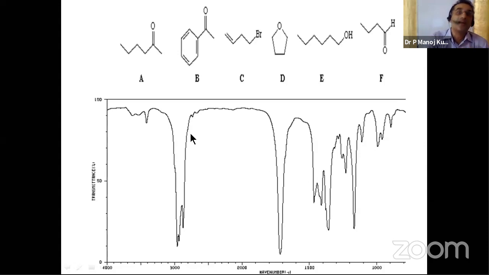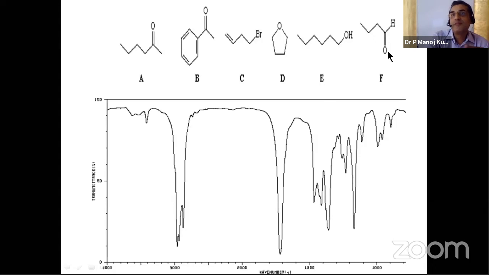But how will you account for this particular peak at 1700? When you are getting a peak at 1700, you cannot neglect it. It definitely indicates a C double bond O group. See how intensely this particular peak is absorbing. I told you, when you take an IR spectrum, the first group that you should look for is a C double bond O. You are getting this, you are getting aliphatic.